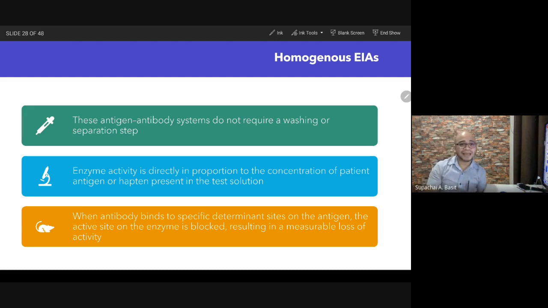Enzyme activity is also directly proportional to the concentration of patient antigen or hapten present in the solution. So no washing, and when antibody binds to specific determinant sites on the antigen, the active site on the enzyme is blocked, resulting in a measurable loss of activity.